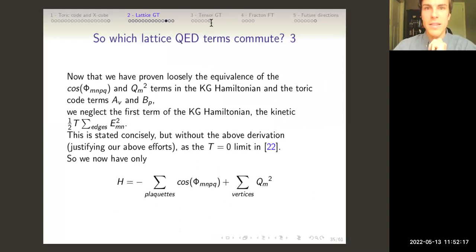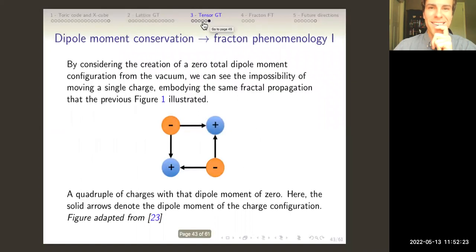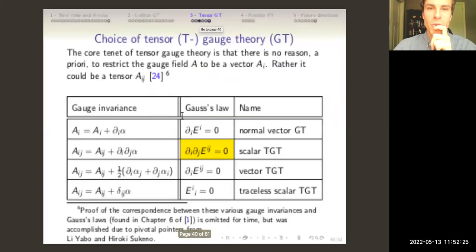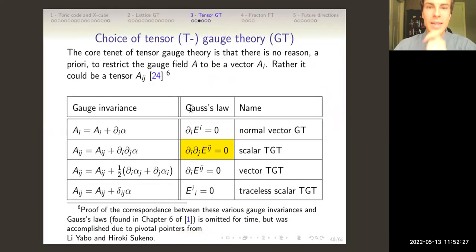As well as, and I looked far and wide, in order to go between gauge invariance and Gauss's law, all of the fracton work, even Pretko's own work, they were just stated as these exist. So there is this correspondence. We need this specific symmetry.